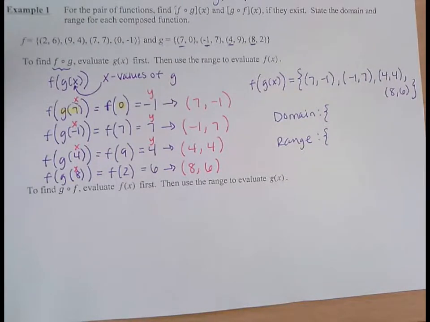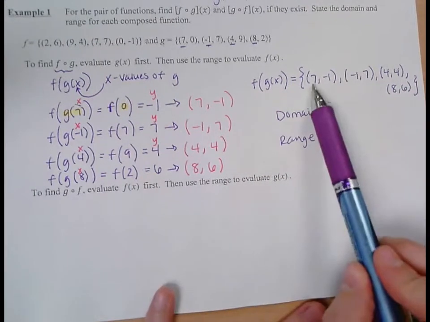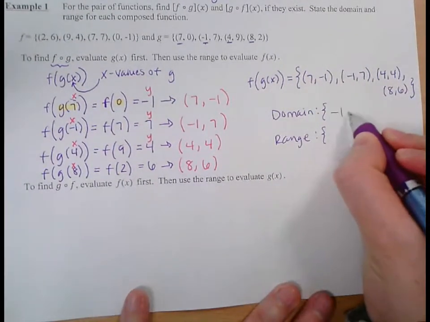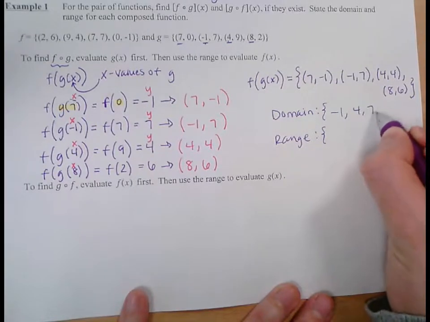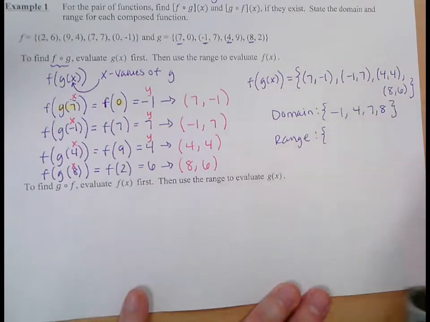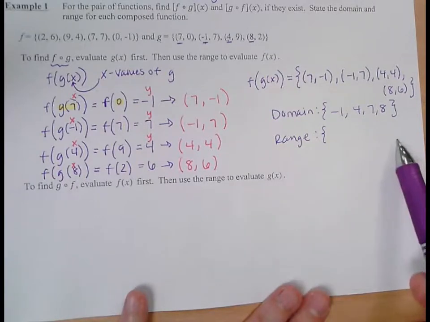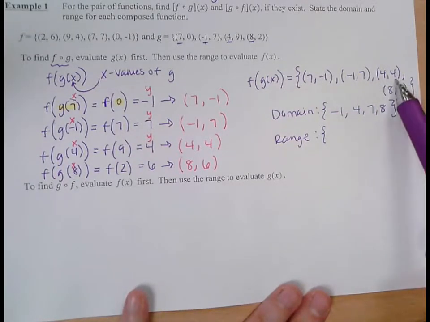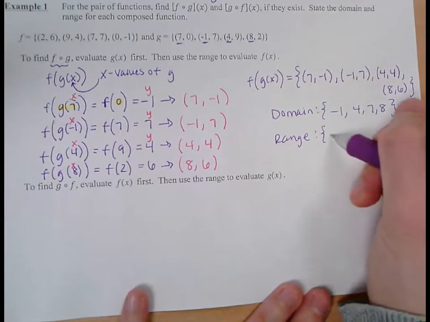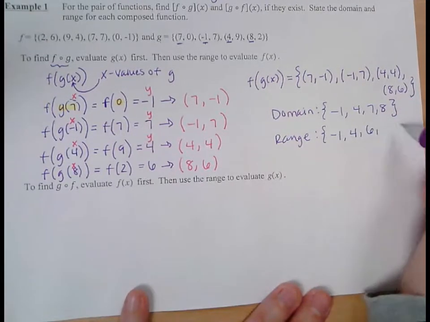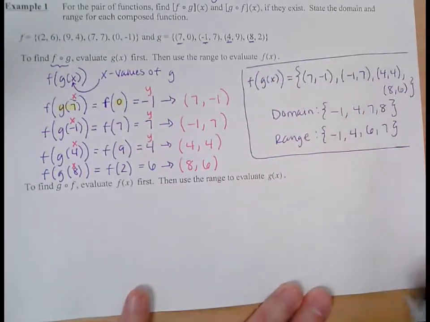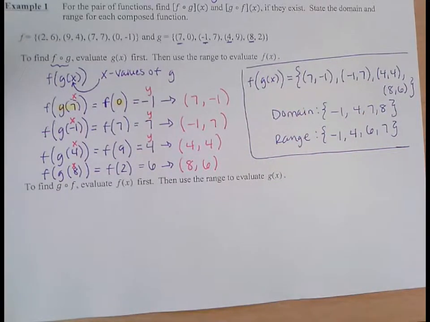They don't have to be in numerical order. You just have to have them all. I'm going to write them in order. So I have 7, negative 1, 4, and 8. So negative 1, 4, 7, 8. And then range is the y values of the ordered pairs, which are negative 1, 7, 4, and 6. And that would be the answer for f of g.